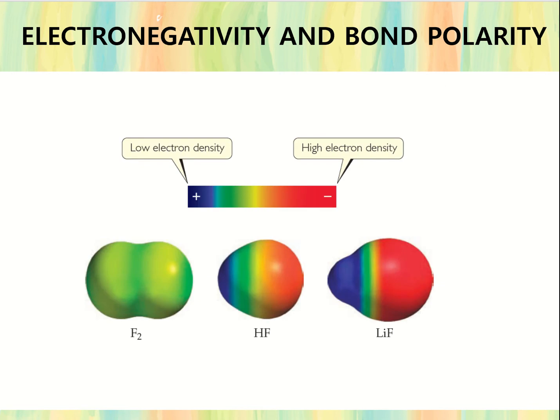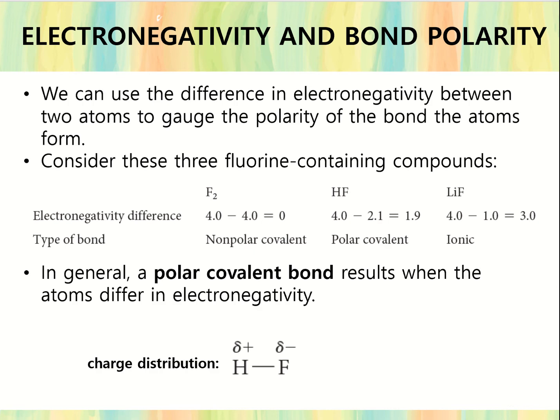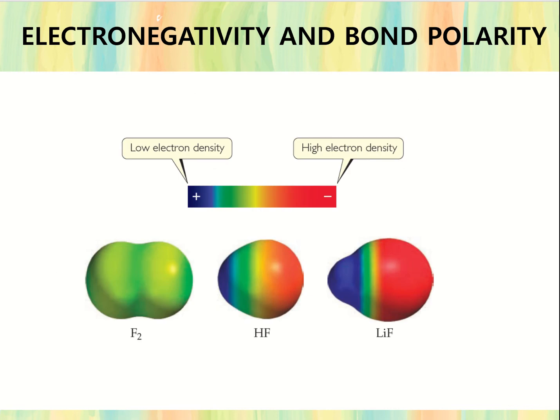Alright, so just to add some visual to this slide, we want to show how it looks. The blue portion represents low electron density and the red portion represents high electron density. So we have a continuum essentially.